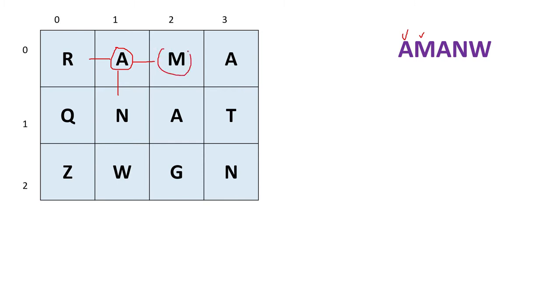Now from M, we have to search for A. As this is already visited, because this is the starting letter, we can't go there. So we can only go in this direction to search for A.